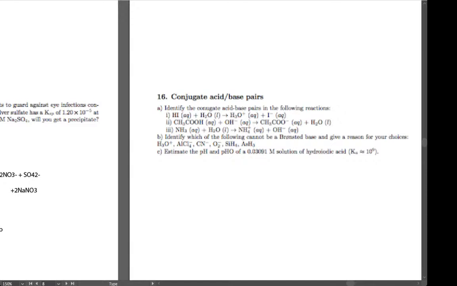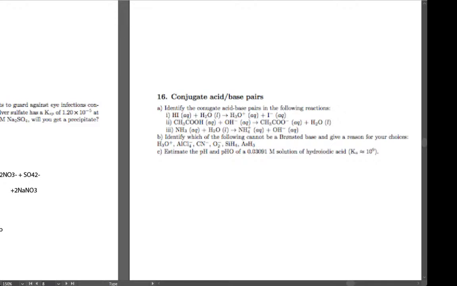Number 16. Identify the conjugate acid base pair in the following reactions. Okay, so first things first, you need to realize that acids want hydrogen, while bases try to get rid of it.